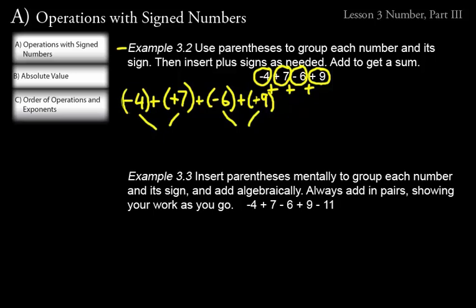So we have a negative 4 plus 7, that's a positive 3. Keep that in parentheses. Plus a negative 6 plus a 9, so that would be another positive 3. And so then just adding that pair together, it would just be 3 plus 3 is 6.